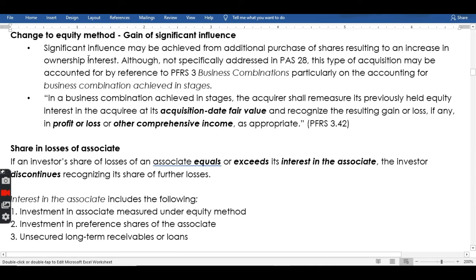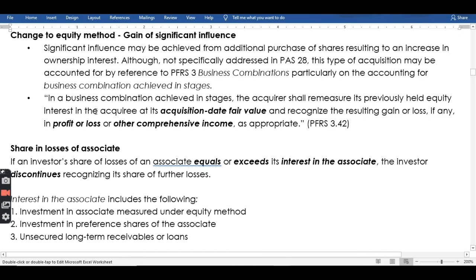Okay? So, ito yung sinasabi dito. Okay, so significant influence may be achieved from additional purchase of shares resulting to an increase in ownership interest. Okay? Although not specifically addressed in PAS 28, this type of acquisition may be accounted for by reference to PFRS 3 business combination, particularly on the accounting for business combination achieved in stages.